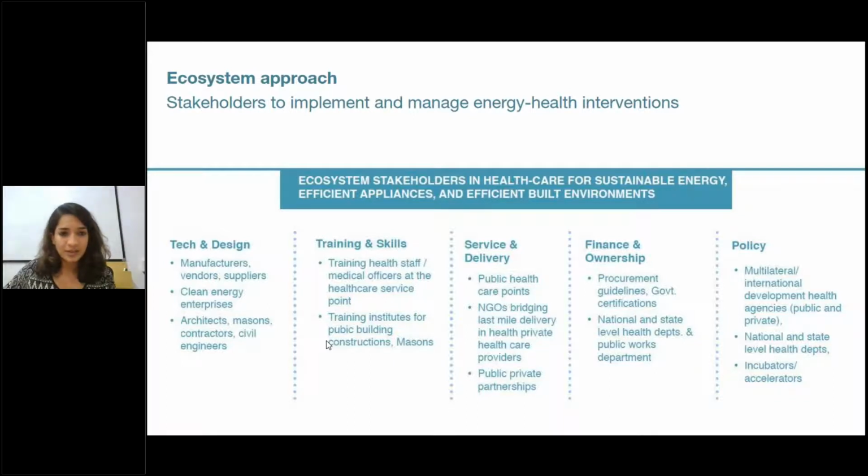And finally, at a policy level, and this goes across national levels, multilateral organizations and humanitarian organizations, on how you look at procurement, on how you look at aspects of servicing, maintenance, and commissioning of health facility work.